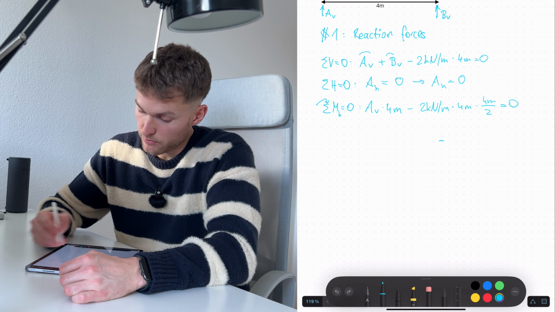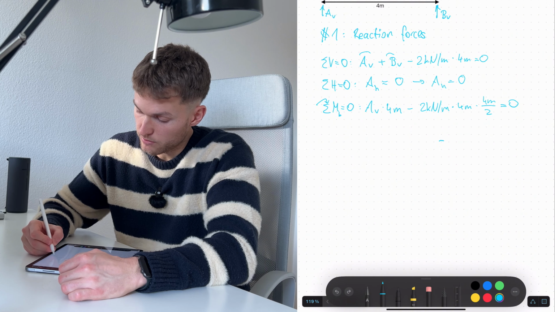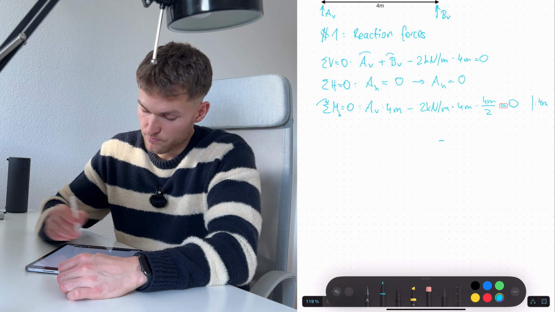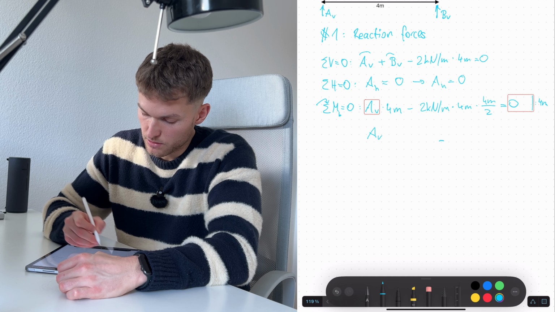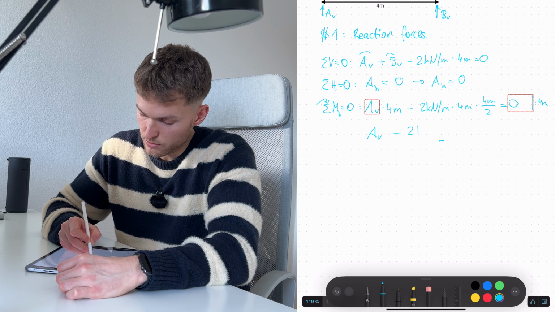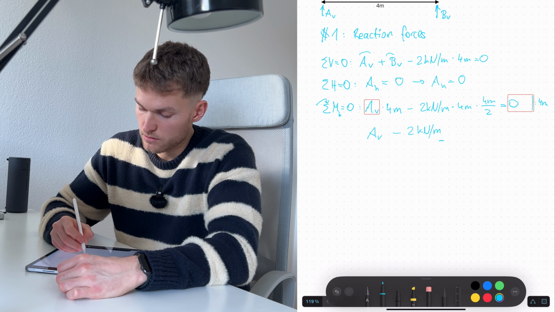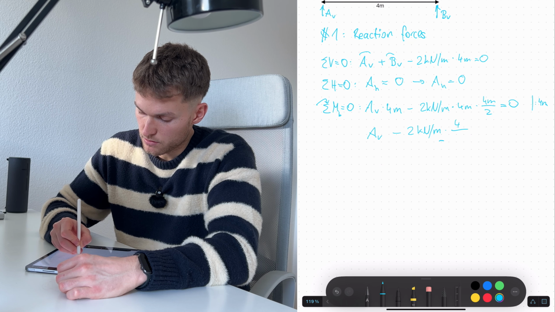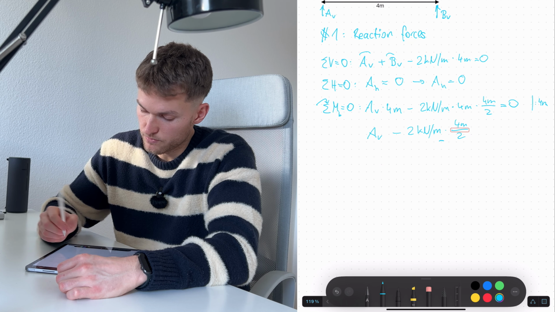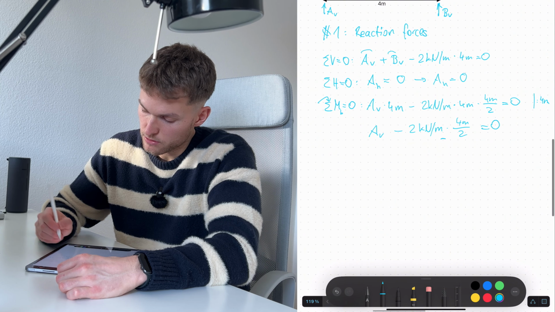So we divide that by 4 meters. Then we have AV minus 2 kilonewton per meter times 4 meter divided by 2 equals 0.